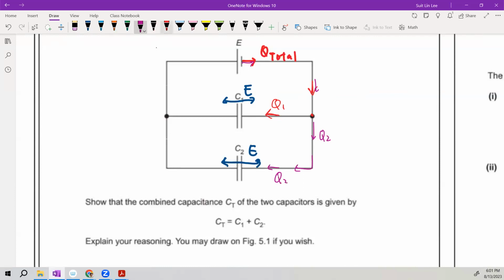So Q1, the electron on the negative charge here will be stored Q1. And then the negative charge here will be stored Q2. But don't forget, if one side is negative, the other side will be positive Q1. The other side will be positive Q2. The electrons will continue to flow. Okay.